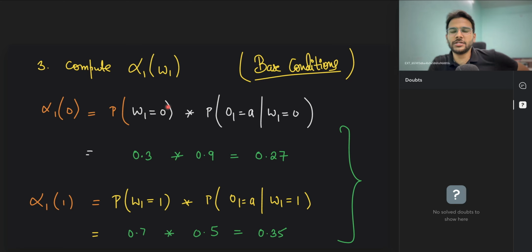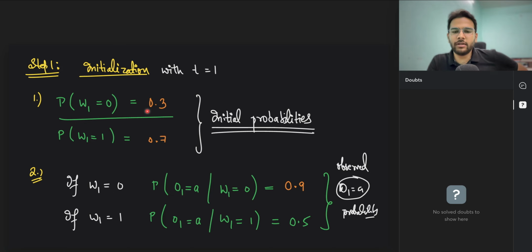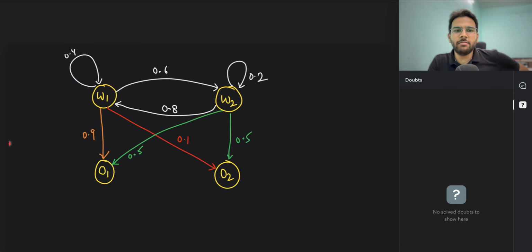And this is not just one question. There are multiple questions that can be asked from this one only. For example, they may ask this question also: what is the probability of W2 equal to 0 given W1 is equal to 1? So simple questions also they can ask.